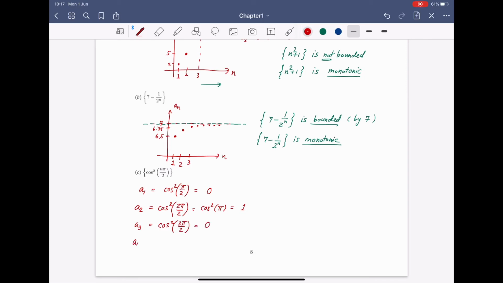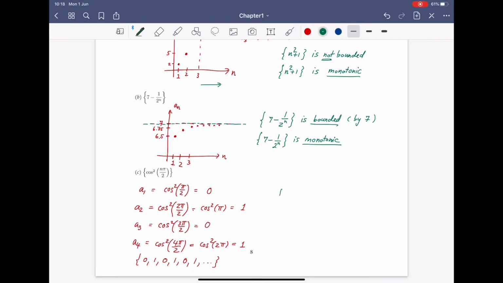And a4 is cosine square 4 pi over 2, so this is cosine square of 2 pi, which is 1. So actually the sequence is going to be 0, 1, 0, 1, 0, 1, 0, 1, and so on.